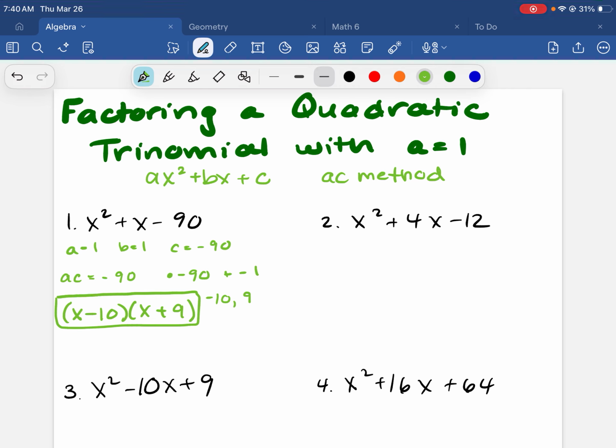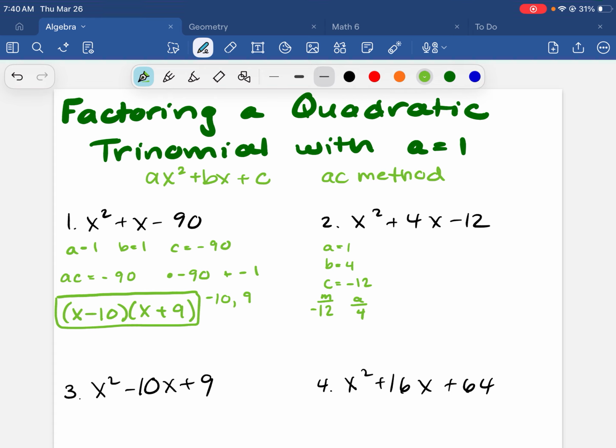Number 2, a is 1, b is 4, and c is negative 12. To factor by the AC method, we want to multiply a and c, so that's negative 12. So we want two numbers that multiply to negative 12, so put an m for multiply, and add to 4, our b term. Well, 12 has more factors: 1 and 12, 2 and 6, 3 and 4.